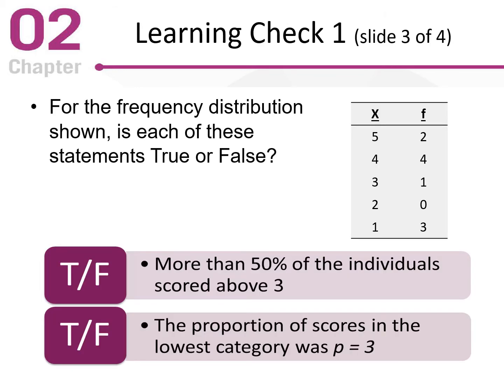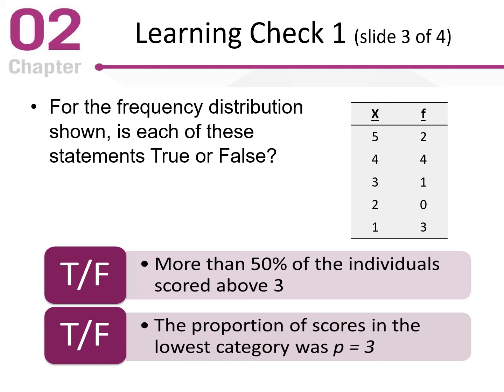Now let's look at this distribution again. Is it true that more than 50% of the individuals scored above 3 in this small distribution of scores? Well, we know the sample size is 10, so let's look at it. Above 3 would mean a 4 or a 5.